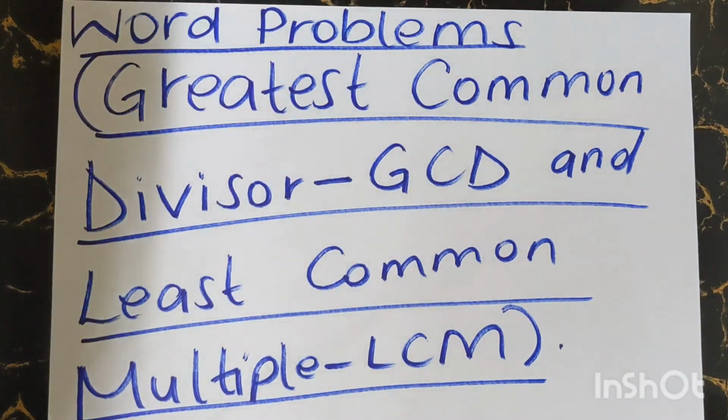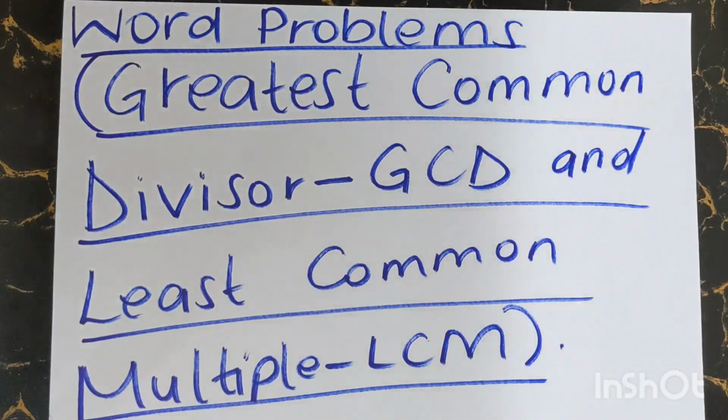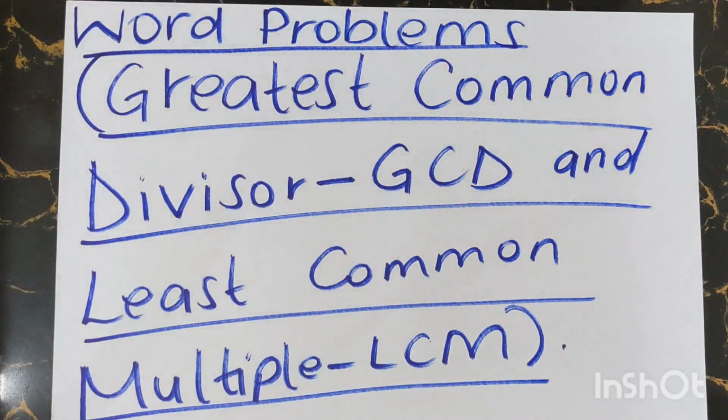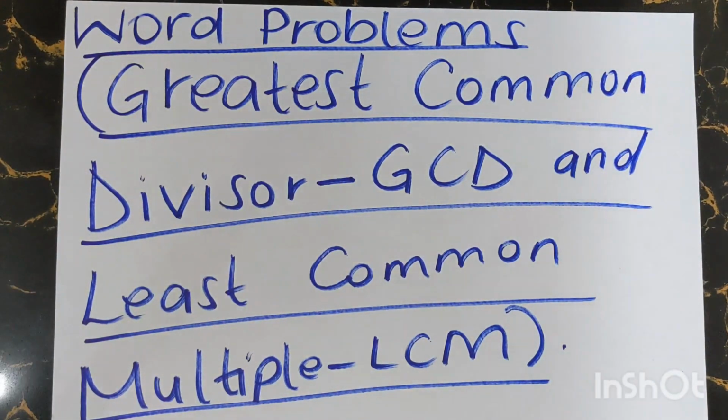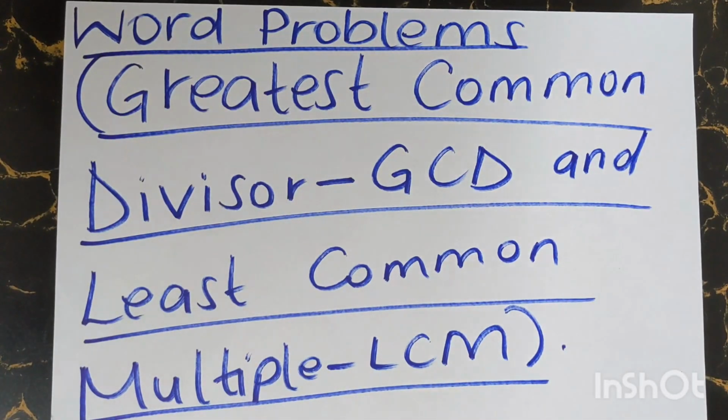I'll show you some keywords that will help you understand which concept you're expected to use between LCM and GCD, okay? If a question wants you to use GCD, you'll see it talking about the concept of sharing things equally among friends or basically anyone.